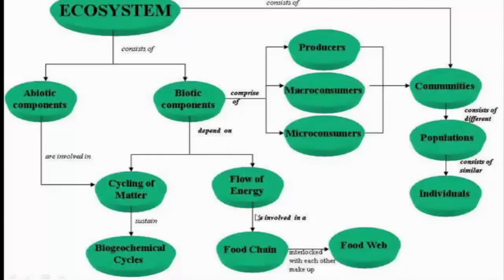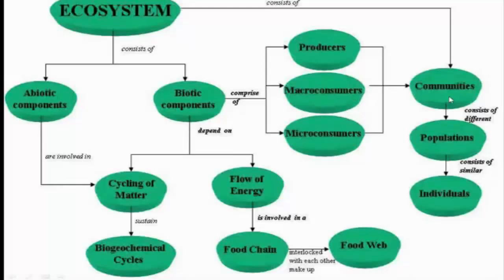The flow of energy is involved in a food chain, and food chains interlock with each other to make up the food web. Also, the biotic component comprises three groups: the producers, macro-consumers, and micro-consumers.